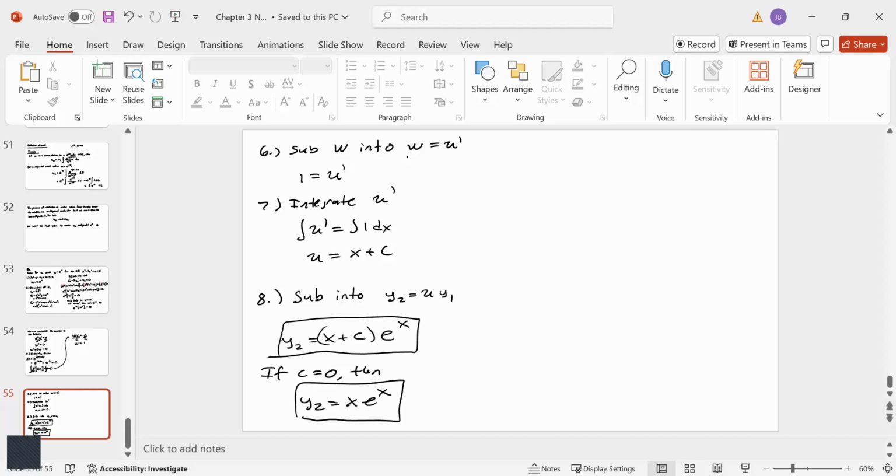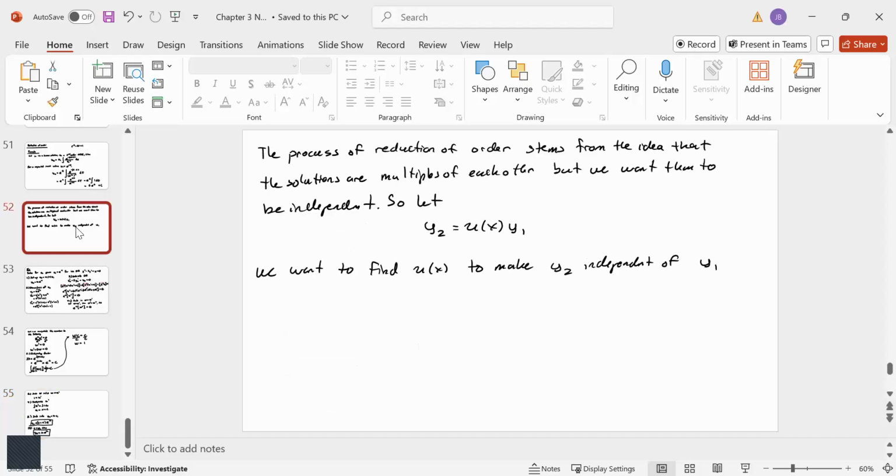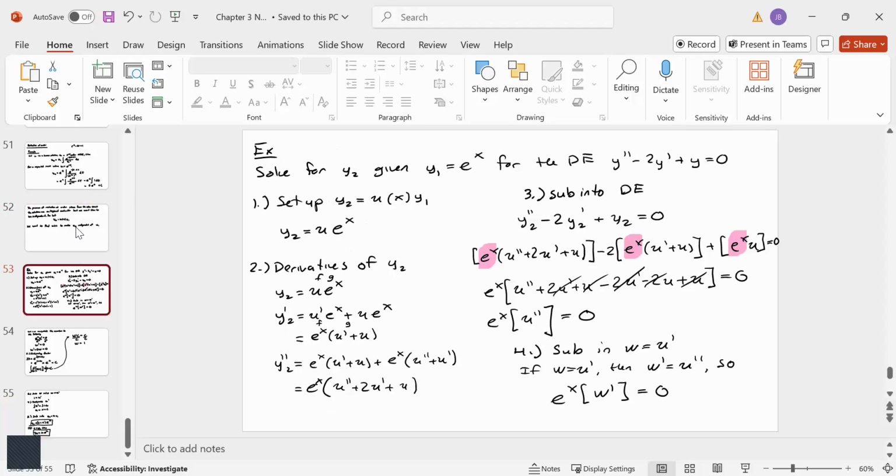Now, if you think about this entire process, at some point, you may have forgotten what the heck we were doing the whole time, because I kind of did. So our goal is to find y2, the second component of the solution to the differential equation. I already know the first component. It's e to the x.